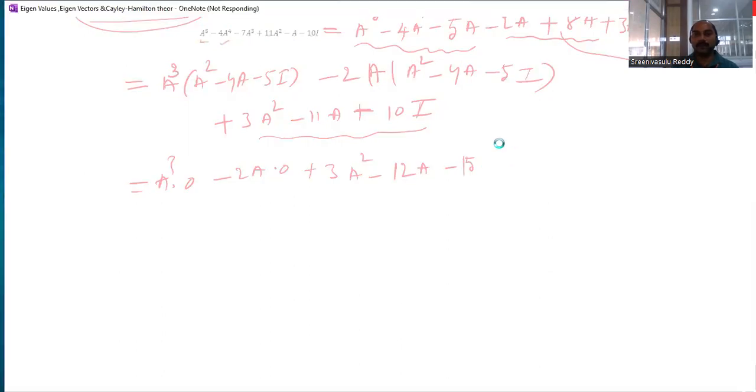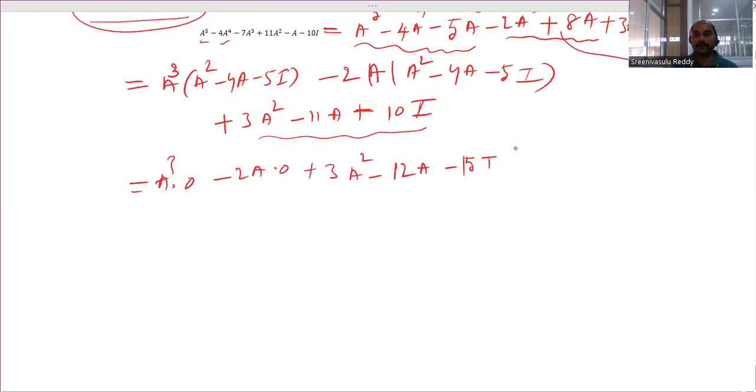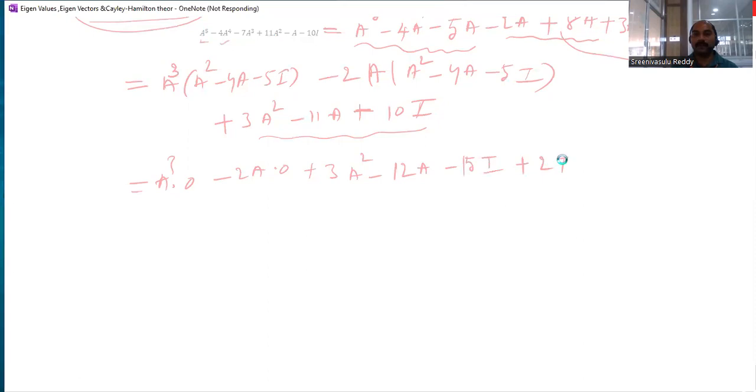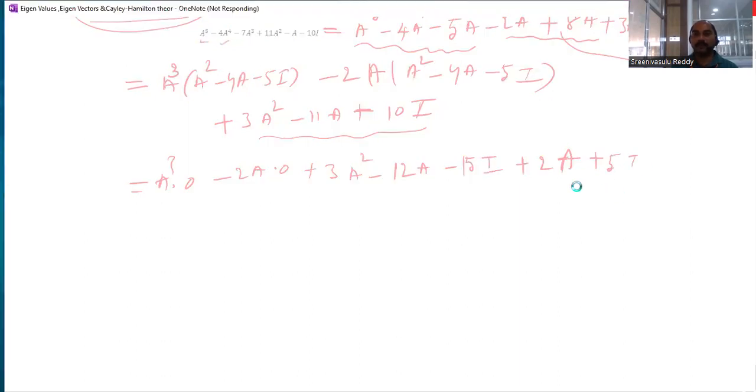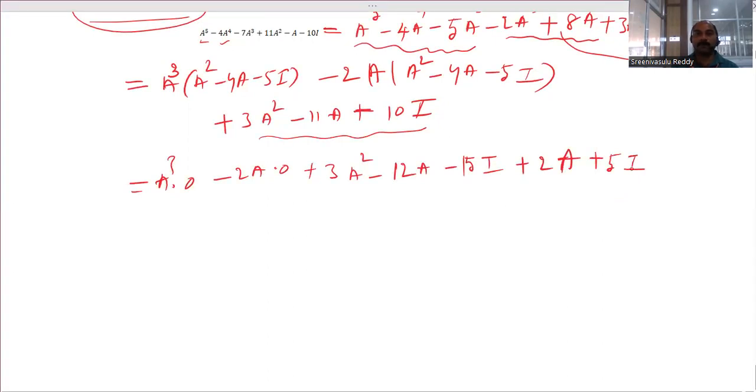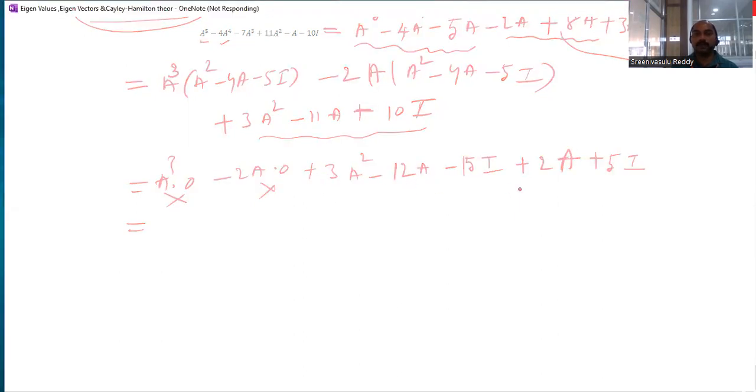Now we add whatever: here we added minus 2A, so plus 2A. Here we added minus 5A, so you add plus 5A. So this is 0, this is 0, and we are left with only these terms.